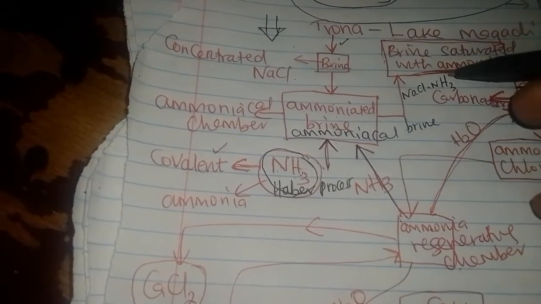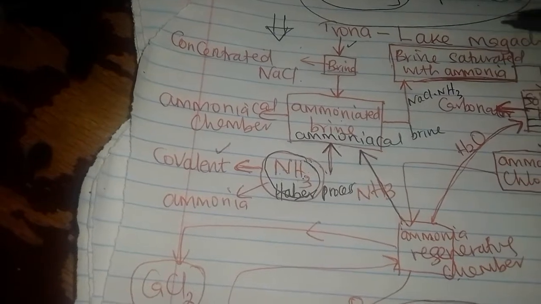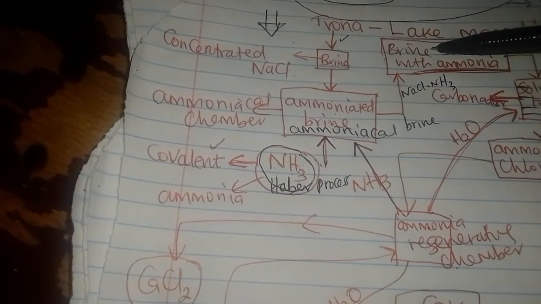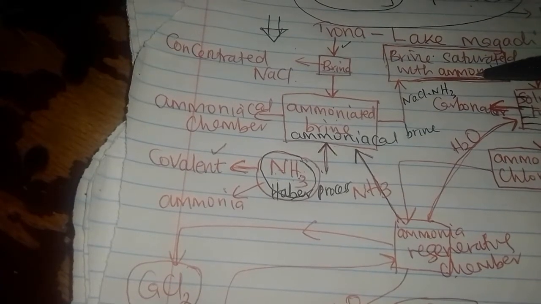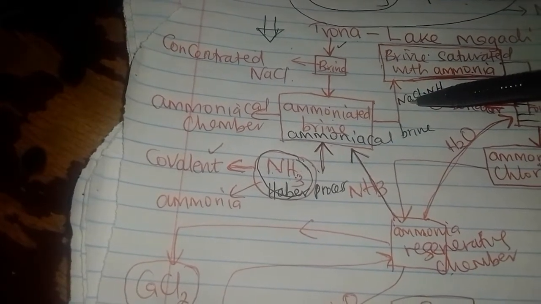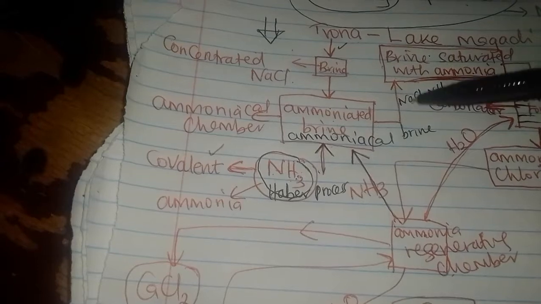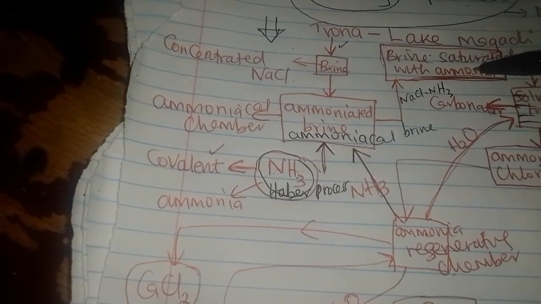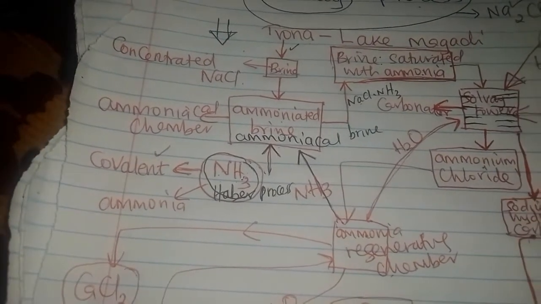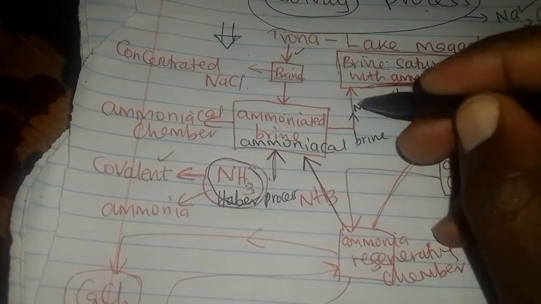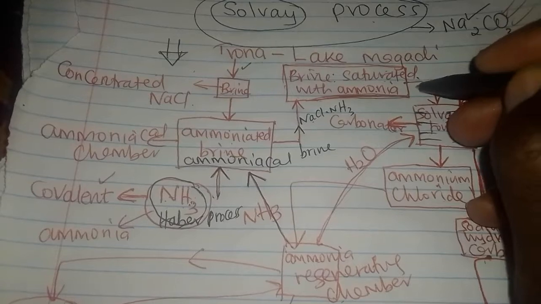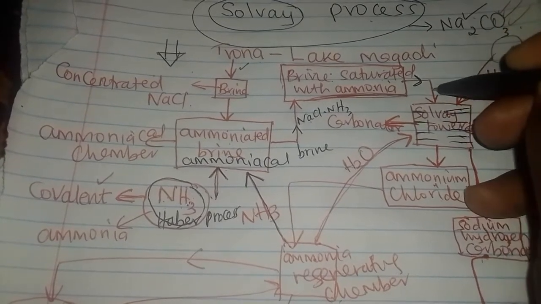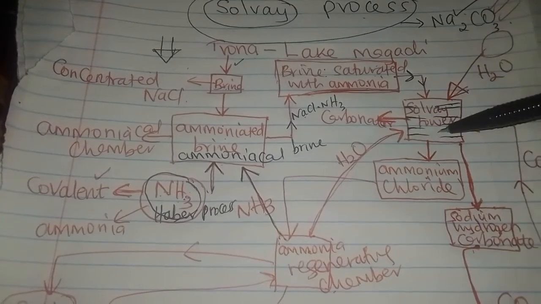It rises into this other chamber, and this way we have what we call brine saturated with ammonia. The brine saturated with ammonia gets introduced into this chamber. This brine saturated with ammonia further gets introduced into the Solvay tower.